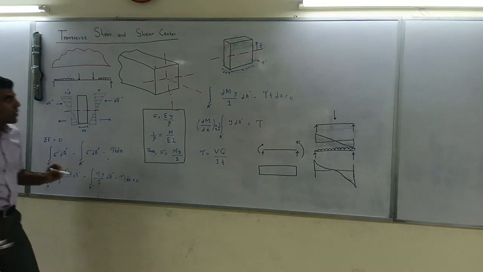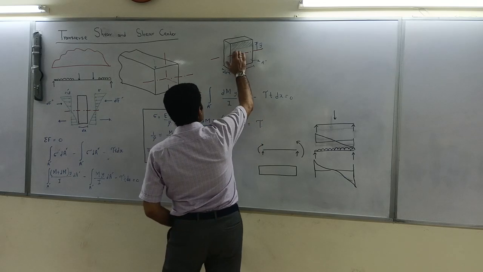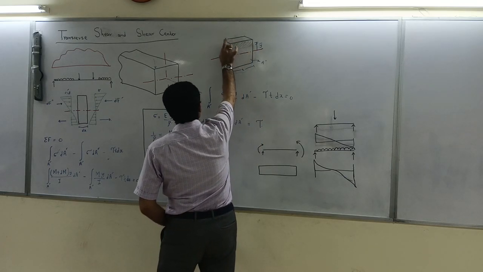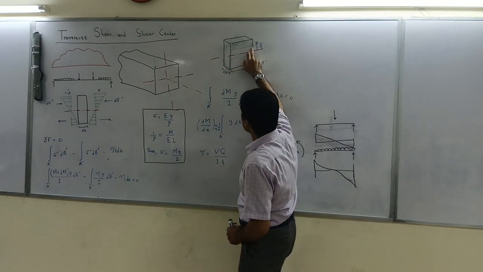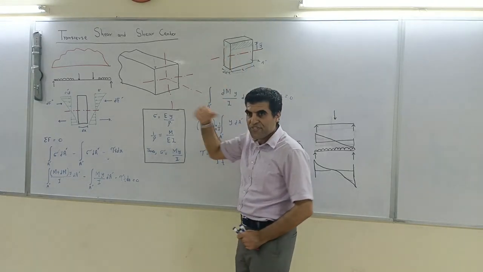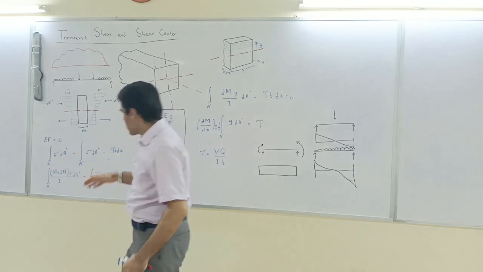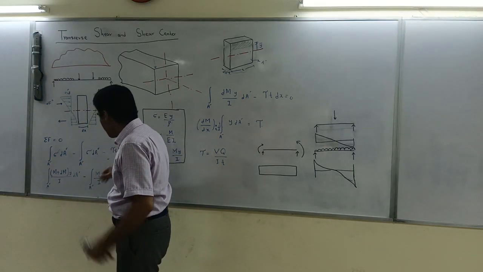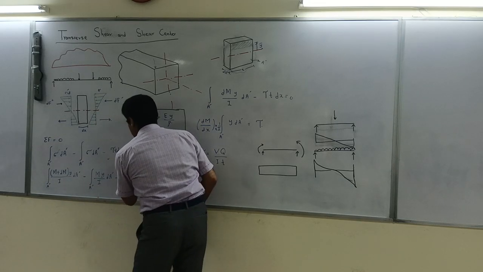We take a portion of this cross section, that is t, and this is dx. I've drawn it in 3D. So tau times t dx is that difference, because the forces have to equate to 0.